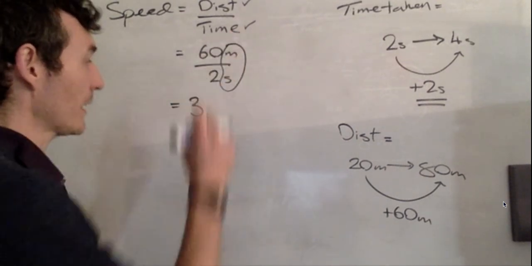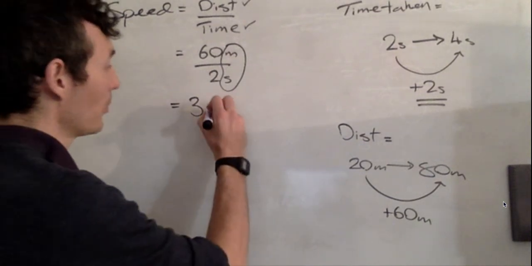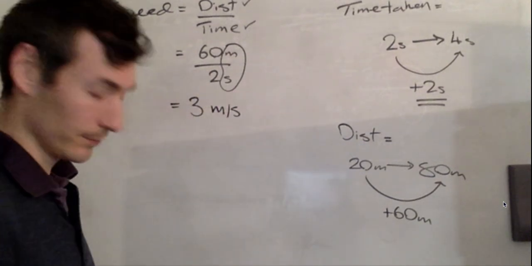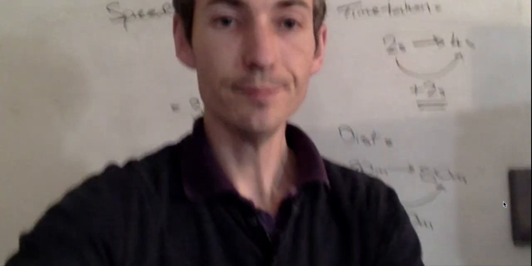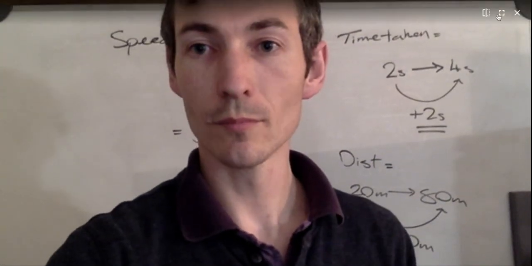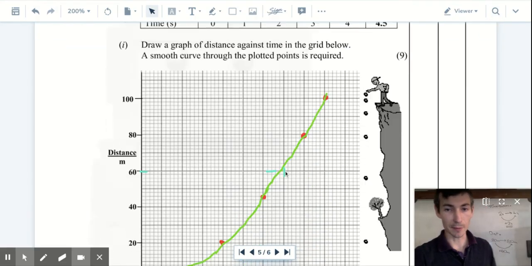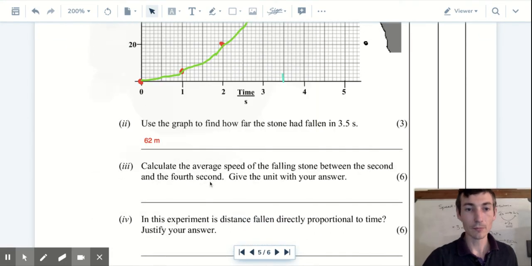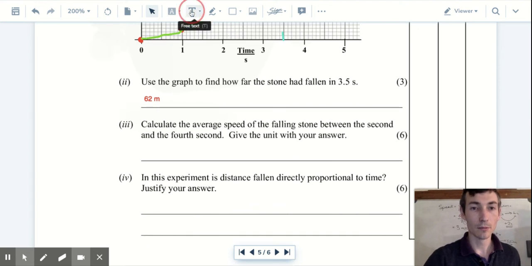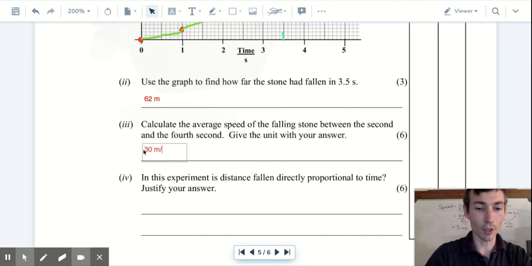Meters divided by seconds, and the way we say that is meters per second. Okay, next part. We'll put in our answer here for talk's sake. What was it? 30 meters per second.